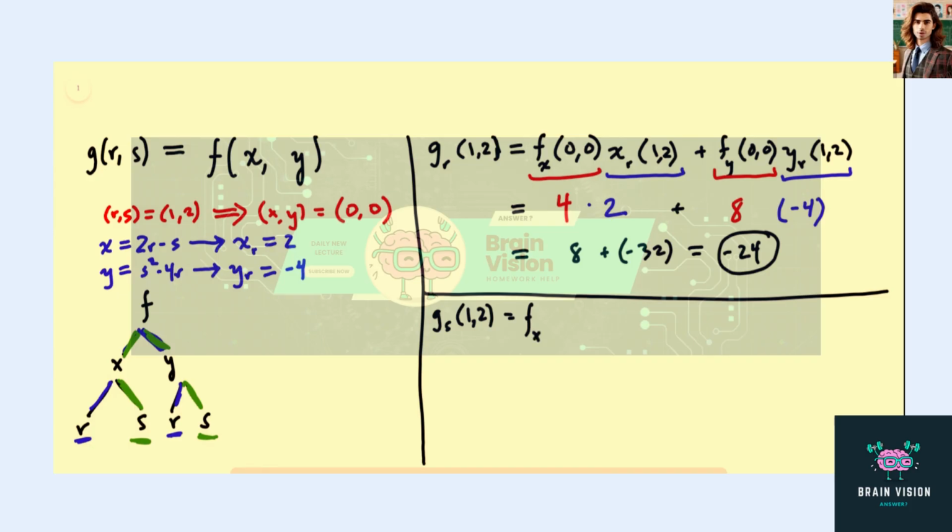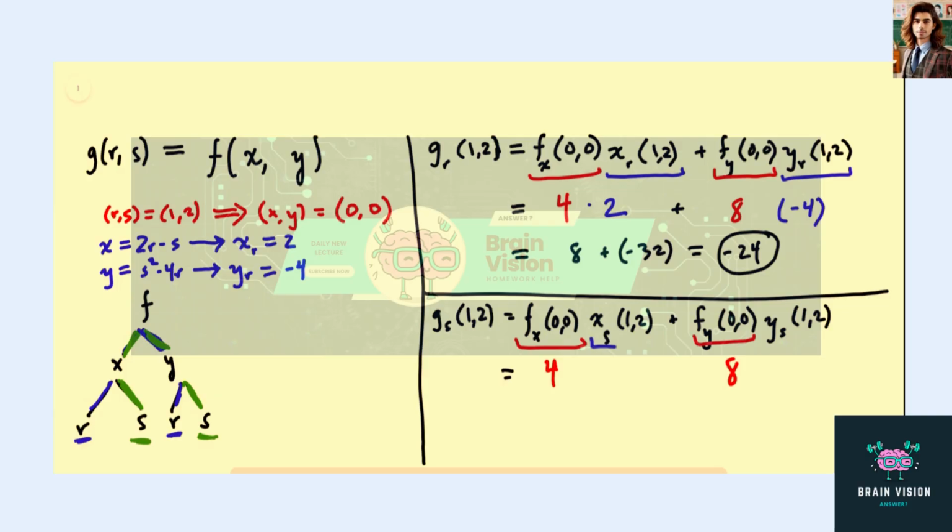So we get f partial x at 0, 0 times x partial s at 1, 2 plus f partial y at 0, 0 times y partial s at 1, 2. Okay, we can use the table of values here. And in fact, these first ones, these red ones, they won't change. We took those from the table before. This was 4 and this was 8.